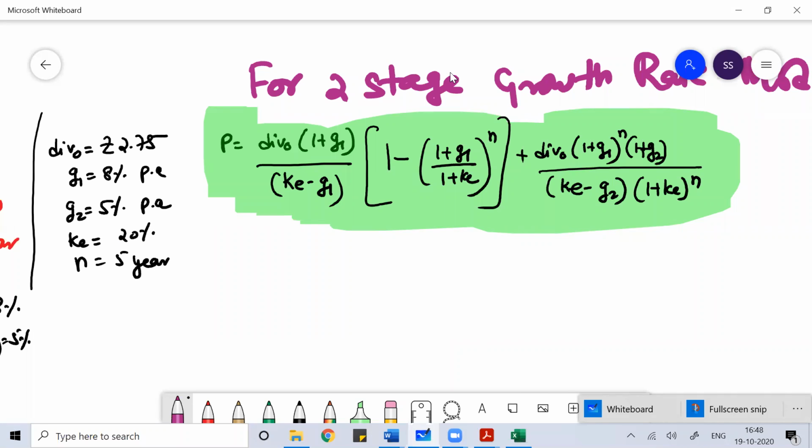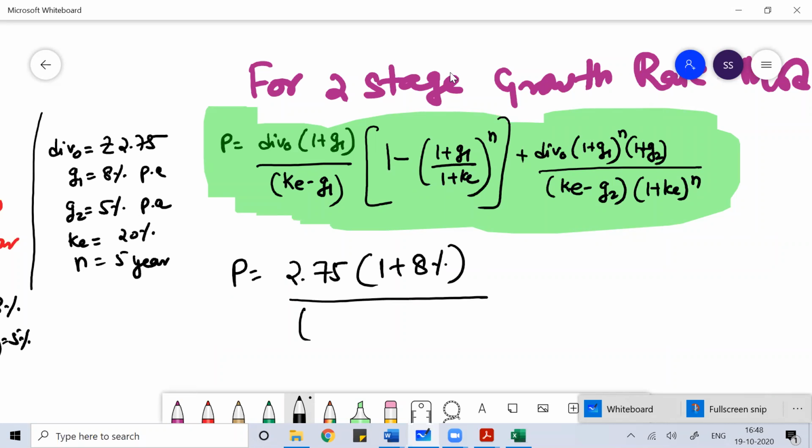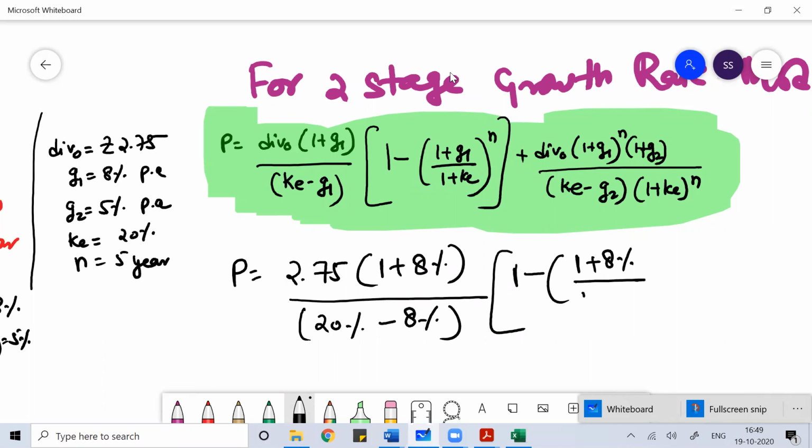Now it's very easy. You just need to substitute the values. The price of share equals 2.75 into (1 plus g1), where g1 is 8%, divided by k, where k is 20% minus g1, 8%, then 1 minus (1 plus g1, 8%) divided by (1 plus k, 20%) to the power 5, where n is 5.